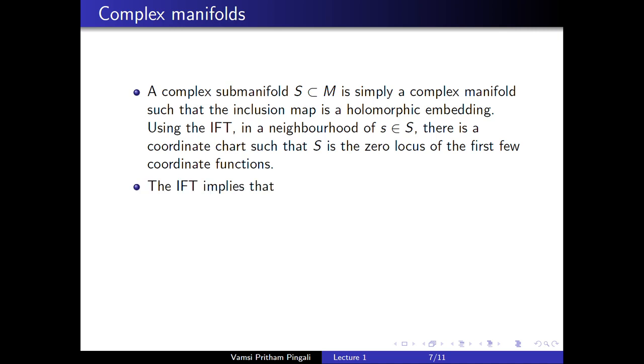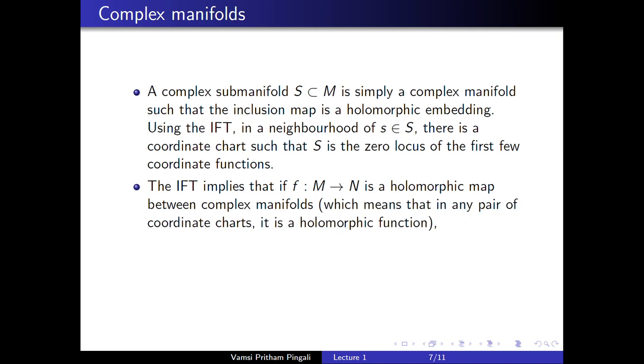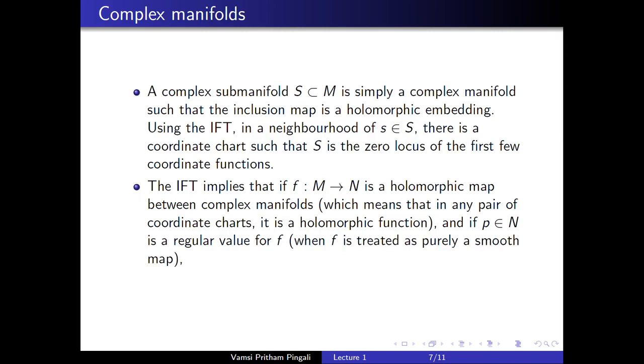Alright, so the implicit function theorem implies the following very useful result, which also has an analogy in the smooth case. So if you have a holomorphic map between complex manifolds, which means, as I just said, in any pair of coordinate charts, this is a holomorphic function. If p is a regular value for this map, what does a regular value mean?